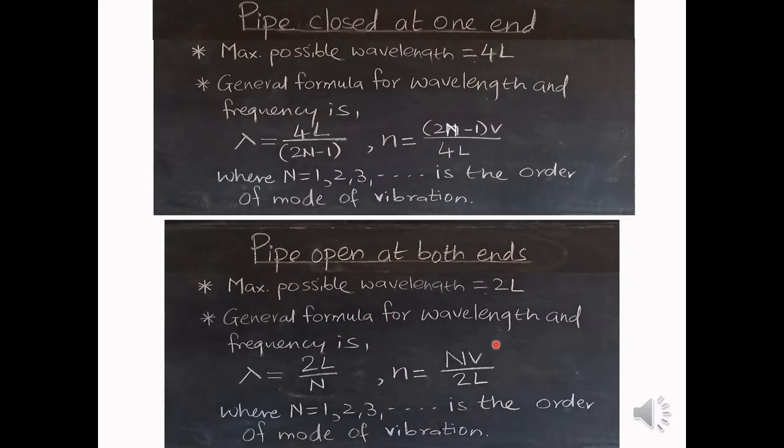The general formula for wavelength and frequency in this case is lambda is equal to 2L by N. Again, N is the order of mode of vibration here, and small n, that is the frequency, is capital N into V divided by 2L. So here you can see this n is (2N minus 1) into V by 4L, and here this n is N into V by 2L. So the fundamental frequency in case of pipe open at both ends is twice the fundamental frequency in case of pipe closed at one end.